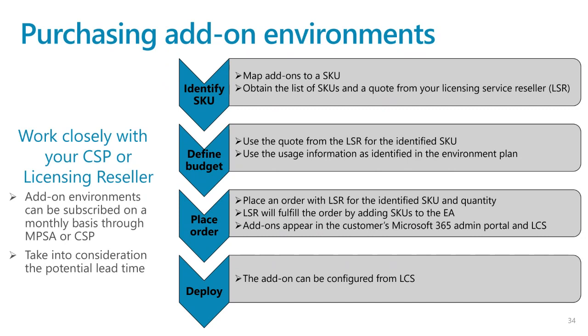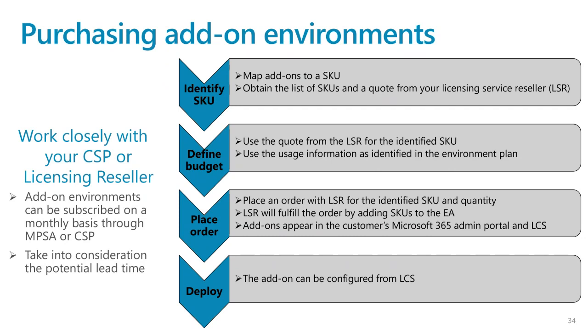Once you've got that list, you're going to want to go through it and use the quote that was provided to identify each of the SKUs and the quantity information. And you're going to use the usage information, the number of users, order line SKUs, capacity, and so on to determine what licenses will be required based on the environment plan that you put together.